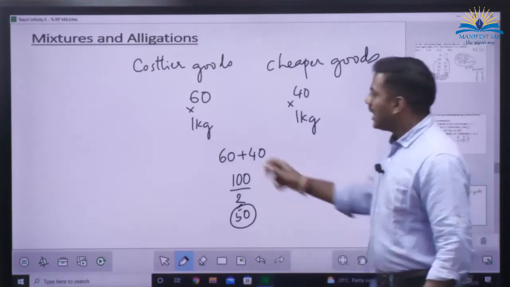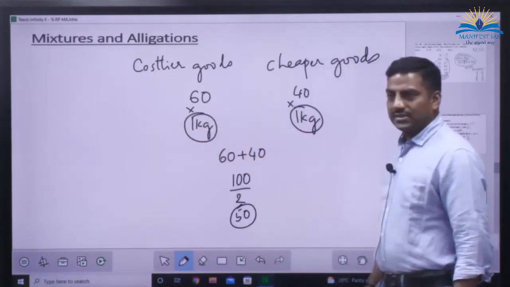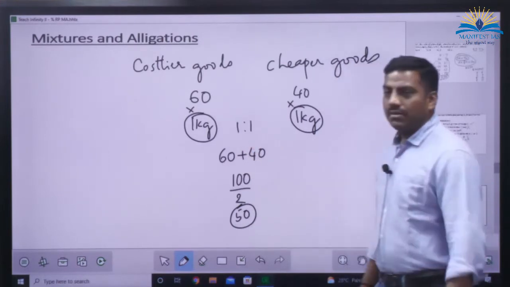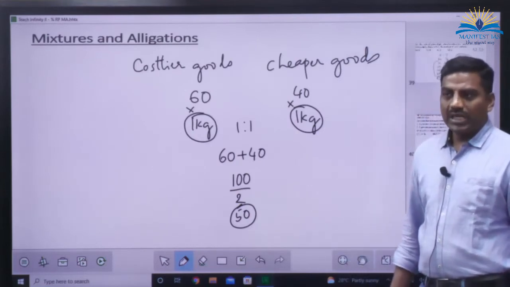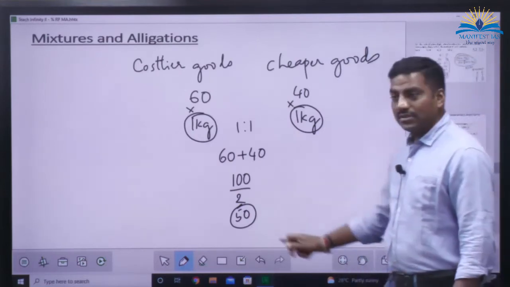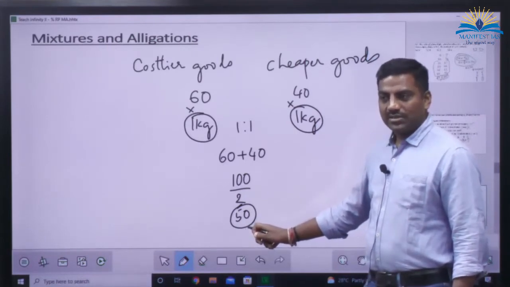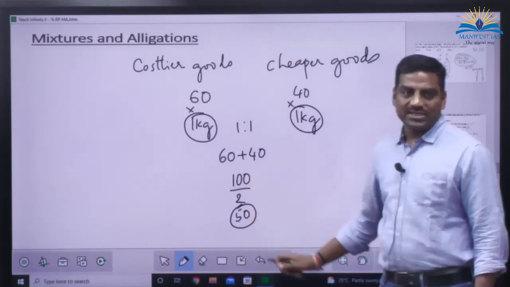Now see, he has mixed 1 kg of this and 1 kg of this. So can I say he is mixing both the rices in the ratio 1:1? Now what is the price? What is the final price of that mixture? 50, right? 100 rupees for 2 kgs, but 50 rupees a kg.